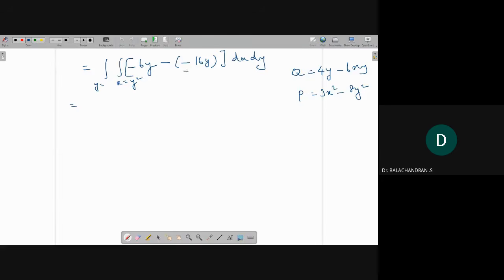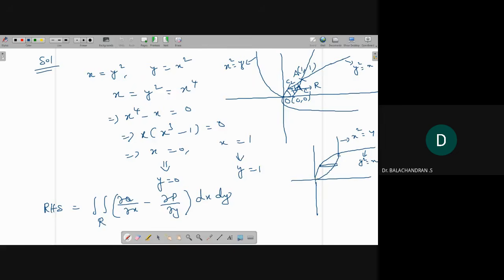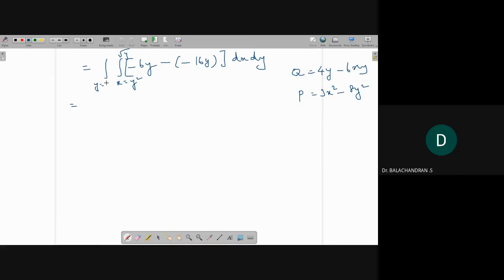So this is root y square to root y, and you should move a strip from here to here. So this is the origin 0, 0. This is 1, 1. What about the limits for y? 0 to 1.